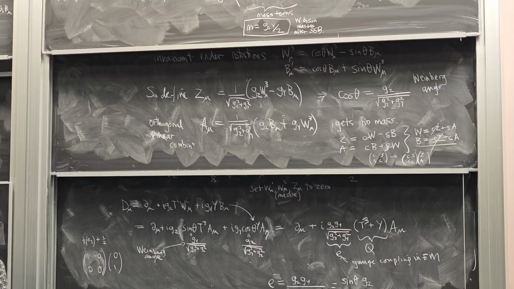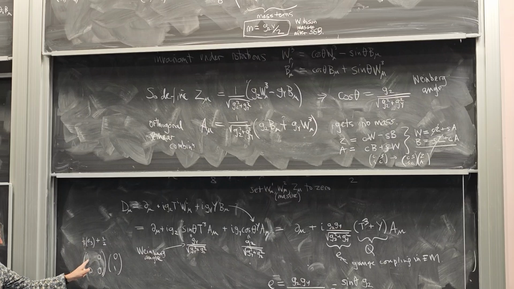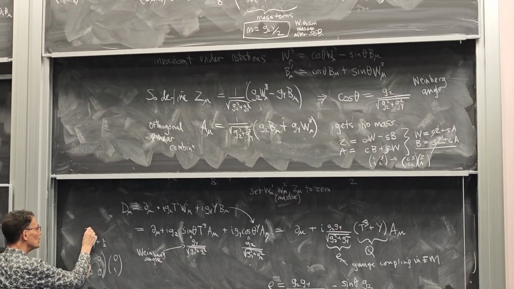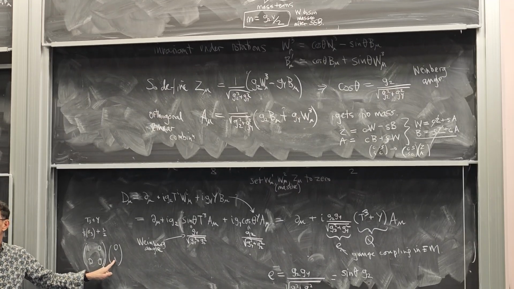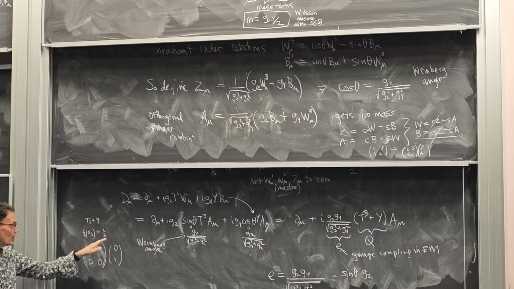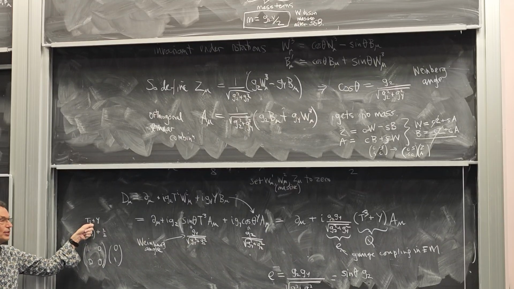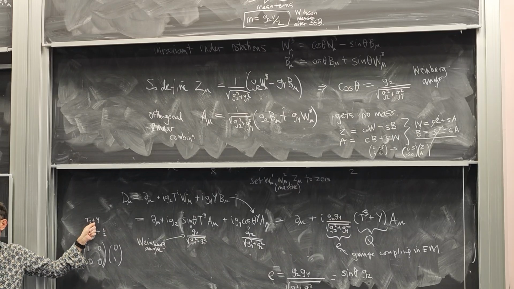If you just want to understand which groups are unbroken, it's clear there is a U(1) which is unbroken, which is the U(1) generated by T3 plus Y. Why? Because the only thing that breaks the symmetry is the Higgs vev, this number, and this number is invariant under this combination. So group theoretically, this is the generator of the unbroken gauge symmetry.